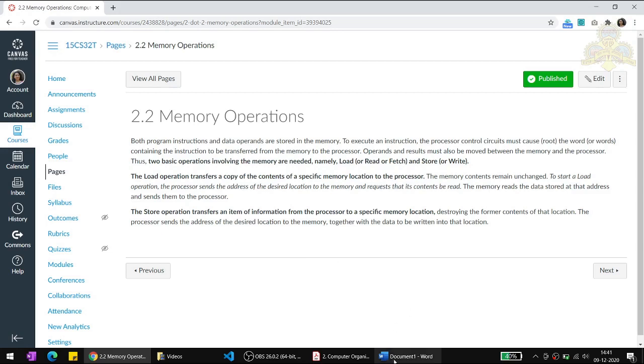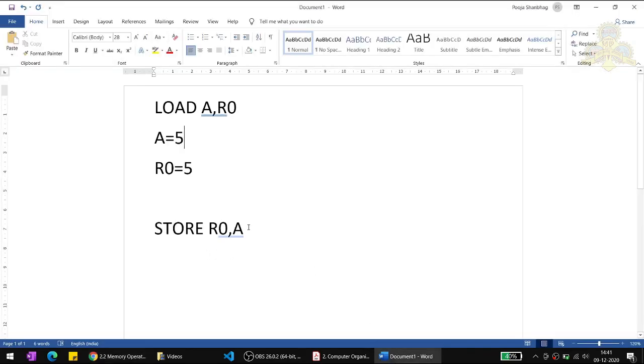If we take an example here, suppose store R0 comma A. Suppose R0 has a value 23. Now you have to move this value 23 to memory location A. Suppose A was previously containing the value 50.